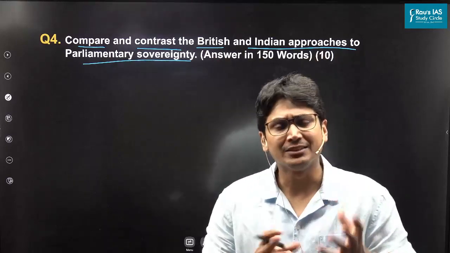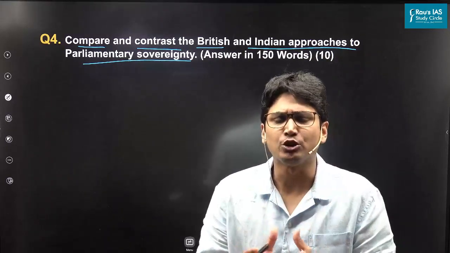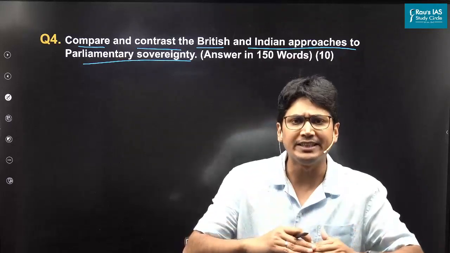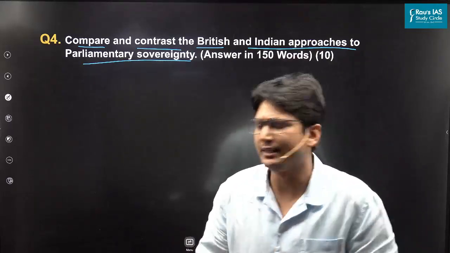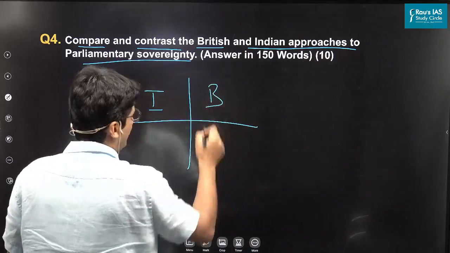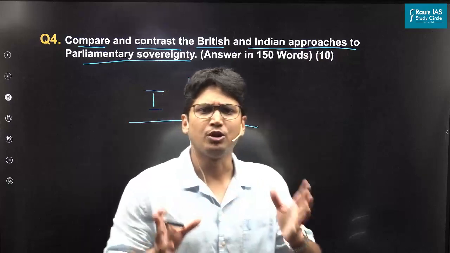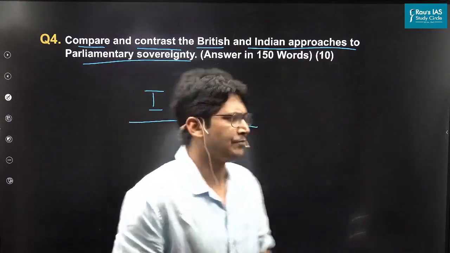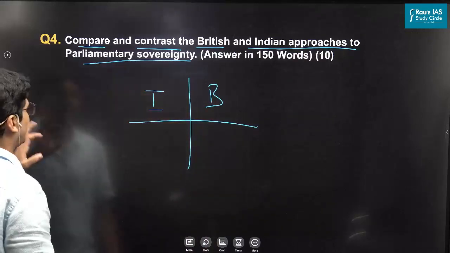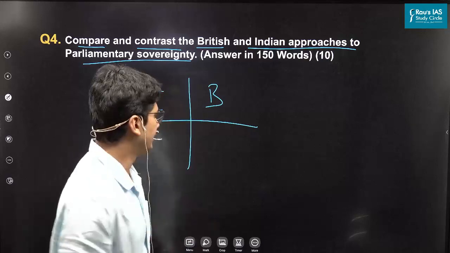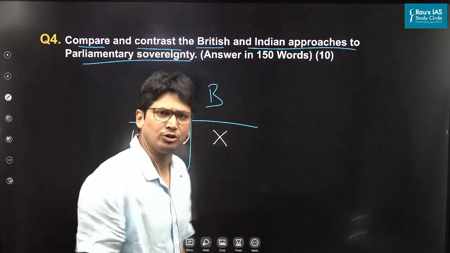Now, to answer this question on parliamentary sovereignty, we need to understand how parliamentary sovereignty is being practiced in India, of course, and also in Britain. There are certain things which we must understand. First of all, in India we have a written constitution, whereas in Britain they do not have a written constitution.